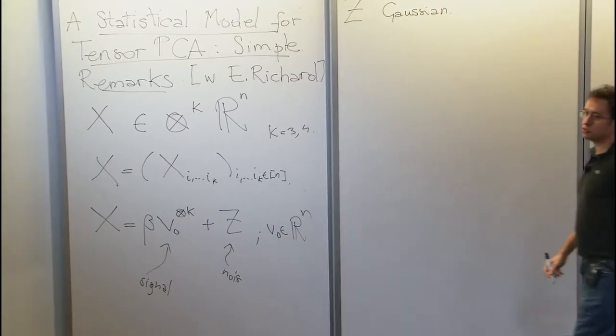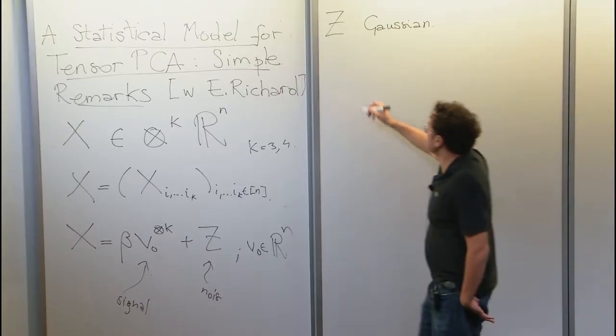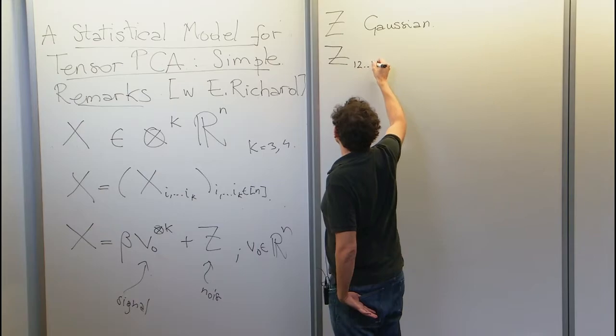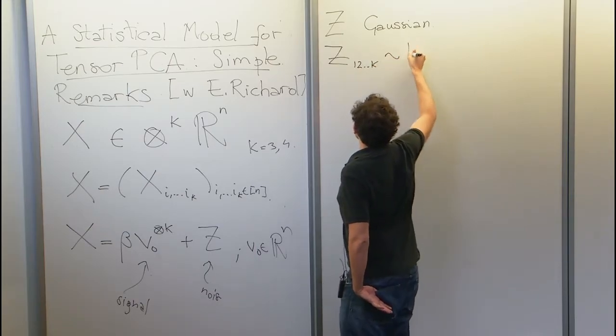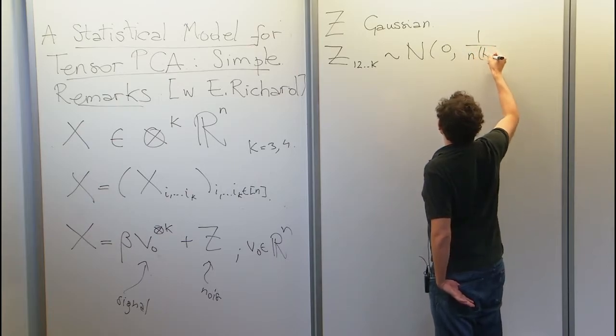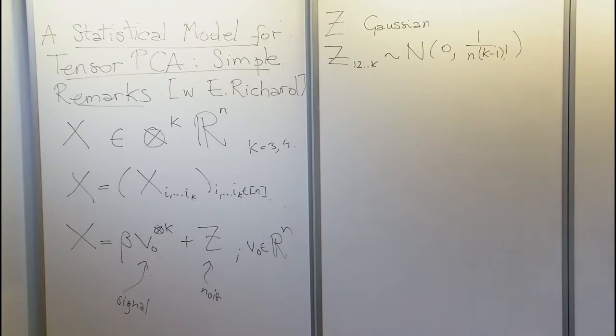And okay, now we have to choose the normalization for the entries. I like the following normalization: z_{i1...ik} is normal(0, 1/(n (k-1)!)). For some reason, this is nice for doing calculations. The 1 over n is the right scaling, so that things happen when beta is of order 1.